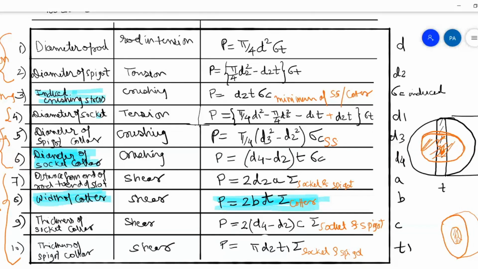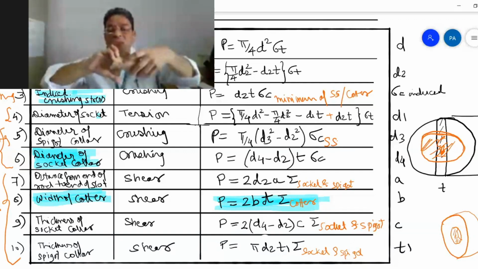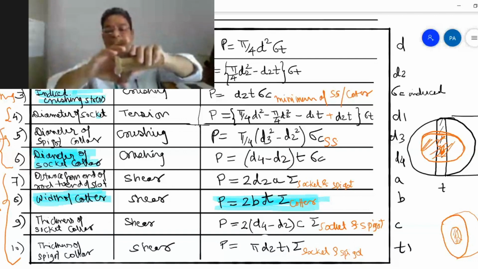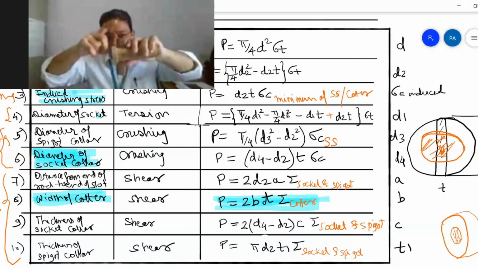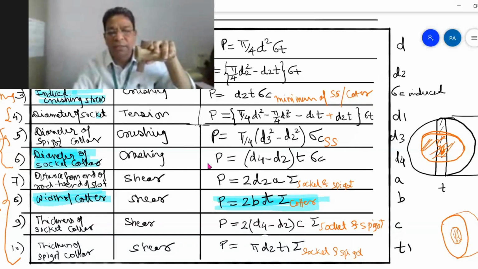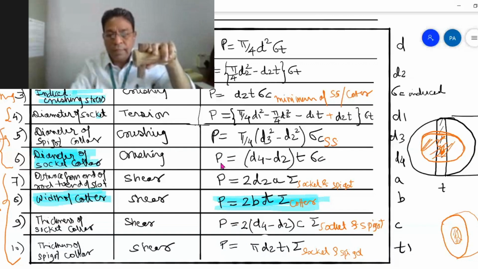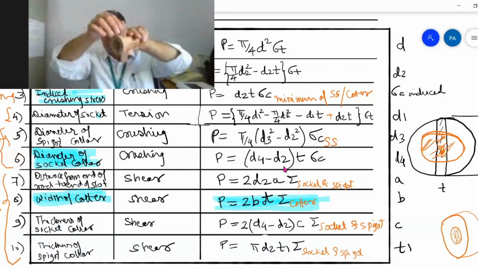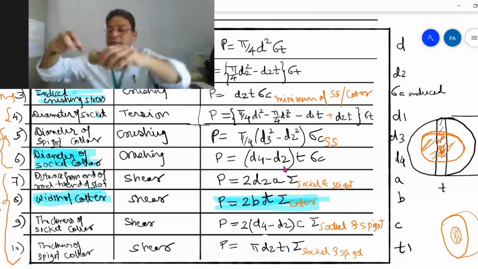And next, again there is one more crushing failure happening here, between cotter and, now I am referring to formula number 6. It is the failure of socket collar in crushing. So where is it happening?